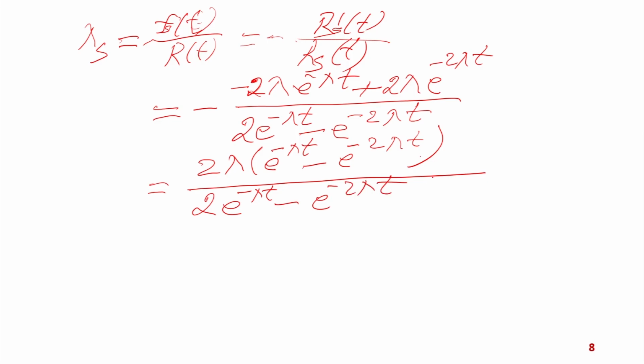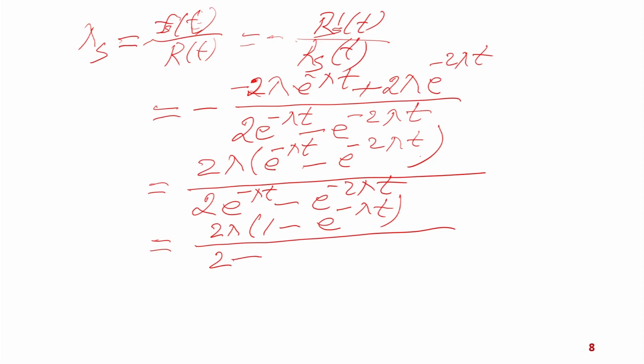Further algebraic simplification gives 2 lambda times 1 minus e to the power minus lambda t, divided by 2 minus e to the power minus lambda t. This is the failure rate of the system, and you see the system failure rate is not constant, but is a function of time. Okay.